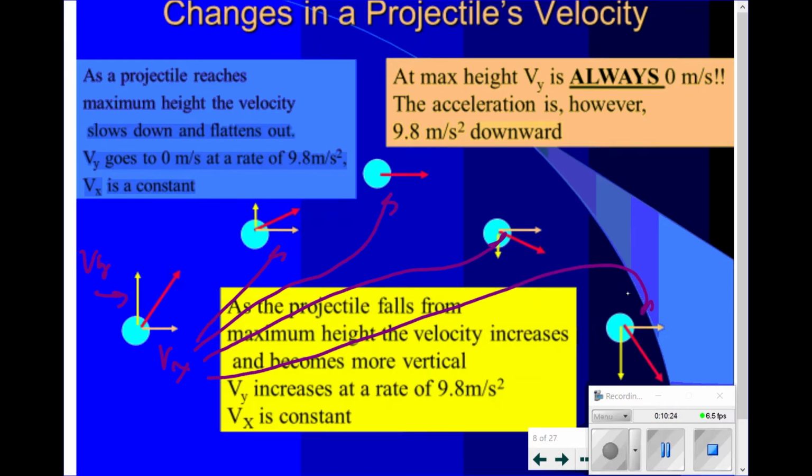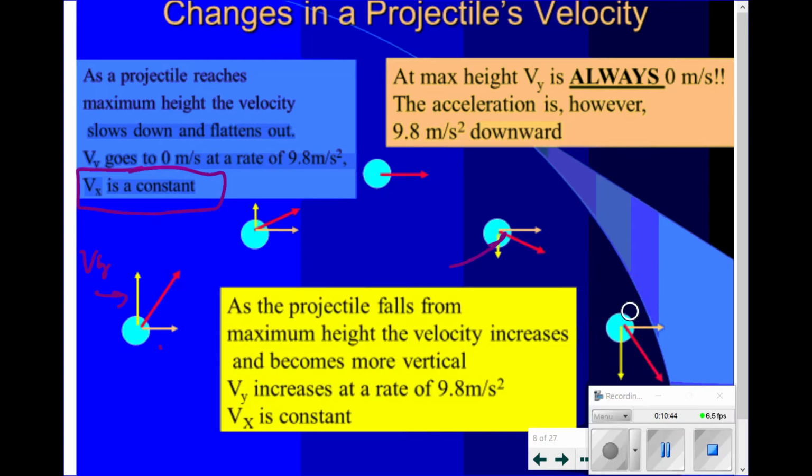And that's because the velocity for the x-axis is a constant. That means the acceleration for the x-axis is 0, and it will never change. So if I can see my x-axis motion for just one spot, I know it for all spots.